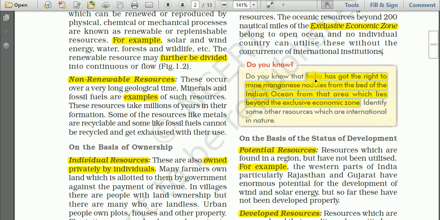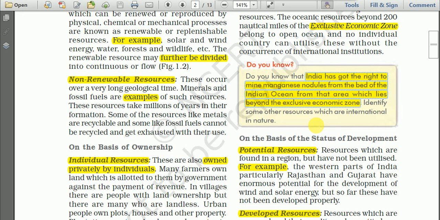See, one piece of information is also given here. India has got the right to mine manganese nodules from the bed of the Indian Ocean, from that area which lies beyond the exclusive economic zone. Now India has got the permission, the right, to exploit manganese nodules from the bed of the Indian Ocean, which occurs beyond the exclusive economic zones.